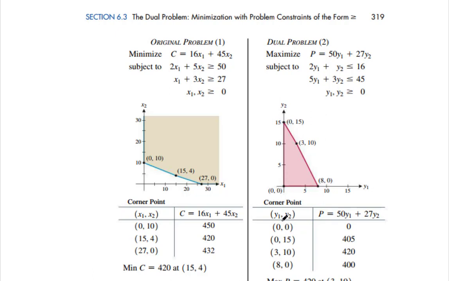And so, by doing that, we can solve the dual problem and then reinterpret it back to this unbounded problem to minimize. And this is in our textbook on page 319.